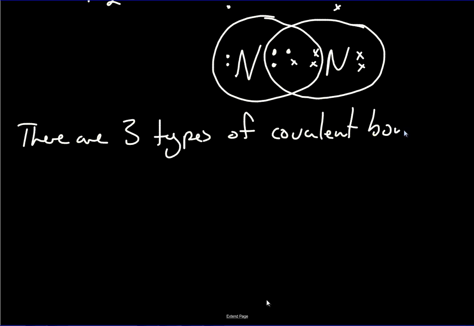By the way, look at the word co and valent. What does the word co mean? Together, right? Like if you cohabitate with someone, you live together with someone else. Your co-workers are people you work with, right? Covalent, well, that means together in the valence shell, right? It's in the word that's indicating what's going on here.